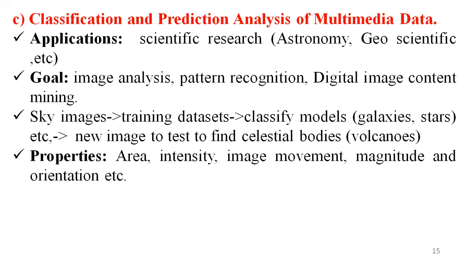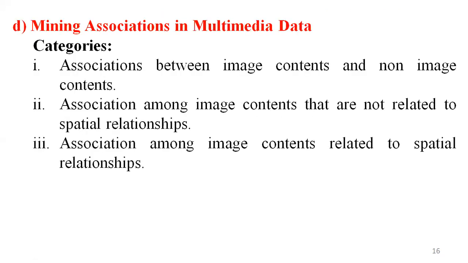Movement, magnitude, and orientation are multimedia data properties. And then mining associations in multimedia data. Association means a relationship between two different attributes. A implies B is one type of association. You first identify the frequent item sets, and from the frequent item sets, you identify the association rules.